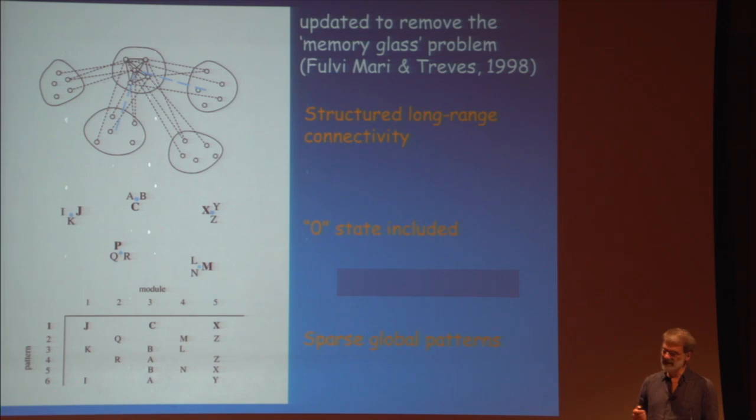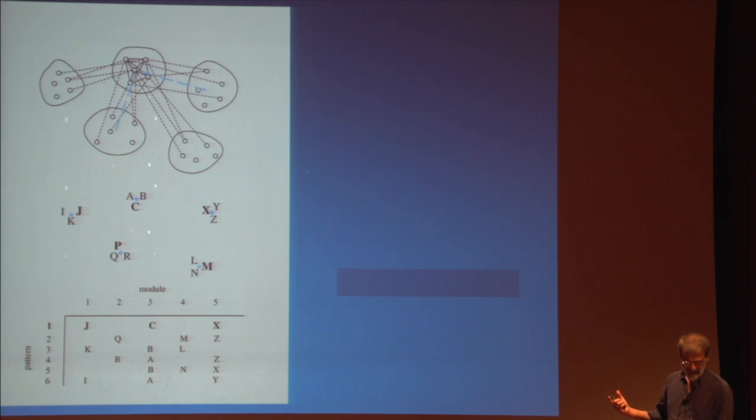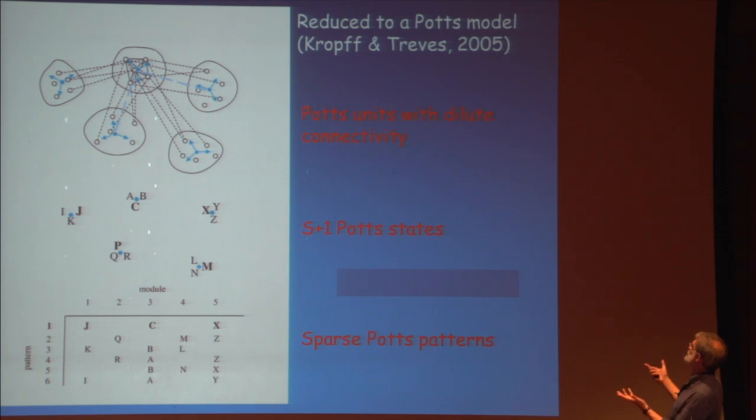And when we introduce modifications that make it more interesting neurobiologically, of having a long-range connectivity that is not really random but is structured, and having the possibility for patches not to participate in the representation of a global pattern of activity, so including a zero state in the Potts units, then we cannot analyze the full model, and we have to reduce it to the Potts model.